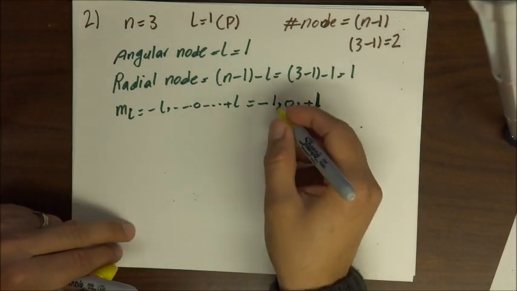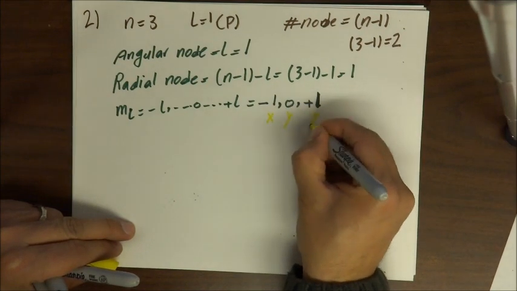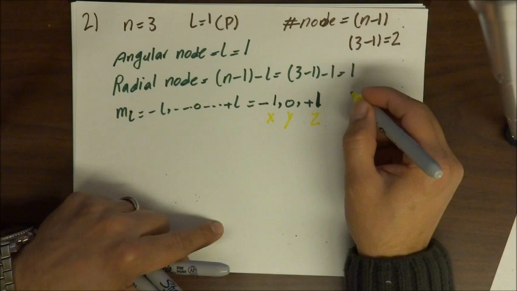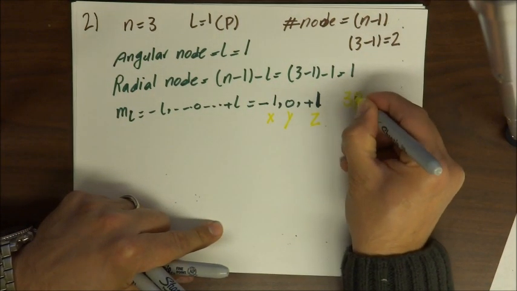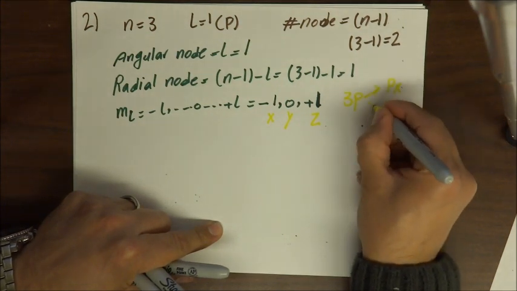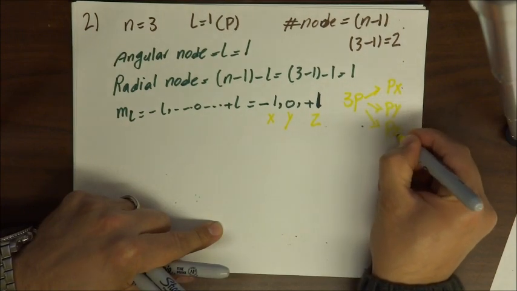You have three directions: X, Y, Z. Another way, you're dealing with a 3p orbital, but you can have px, py, and pz.